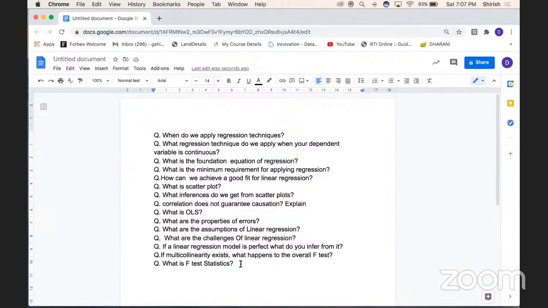What is the importance of F test in the linear model?